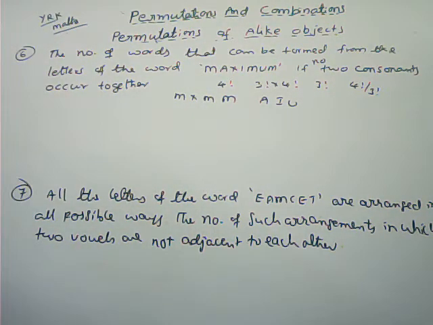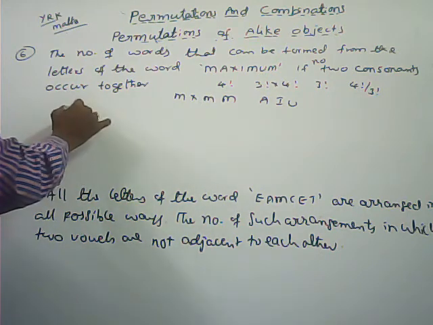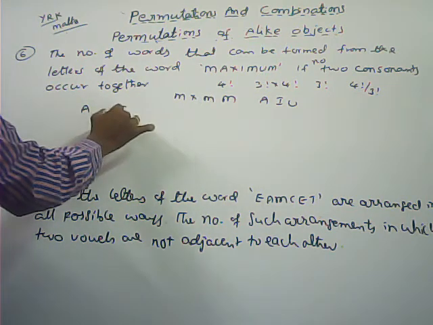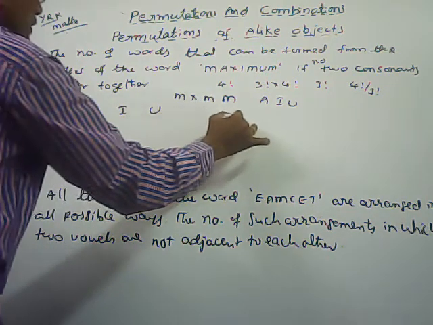Here what they are saying, no two consonants occur together. So here first we have to arrange. Here we can arrange, first we can arrange the vowels A, I, U. This can be done in 3 factorial ways.